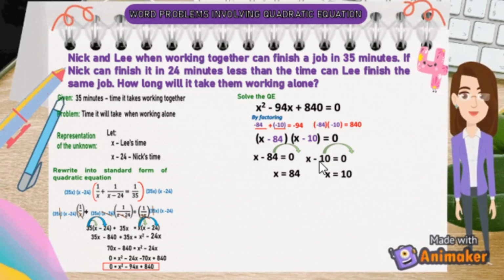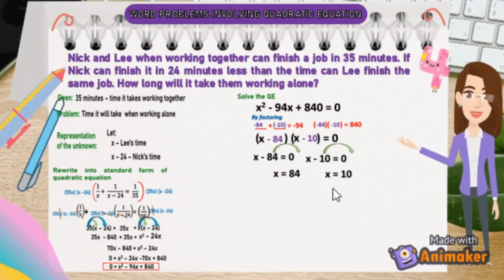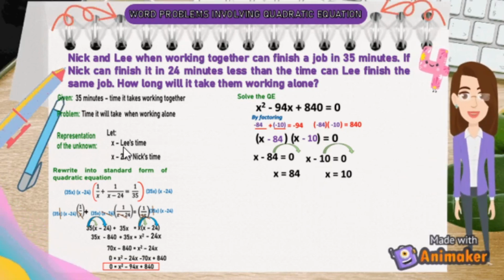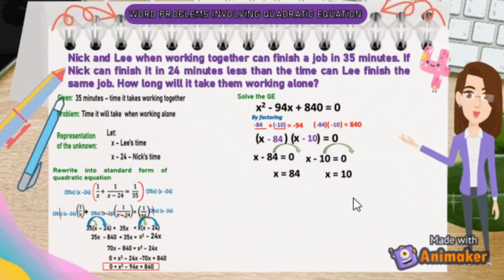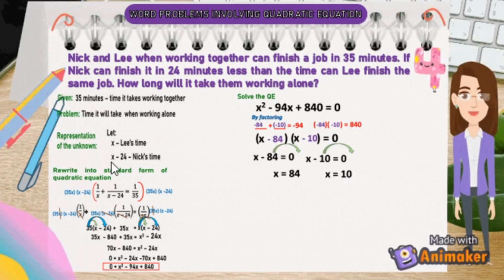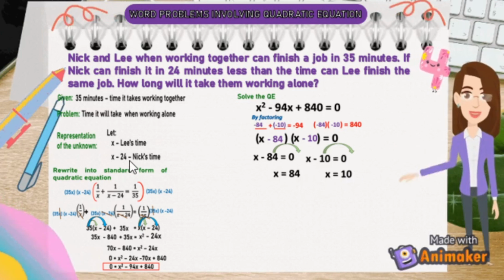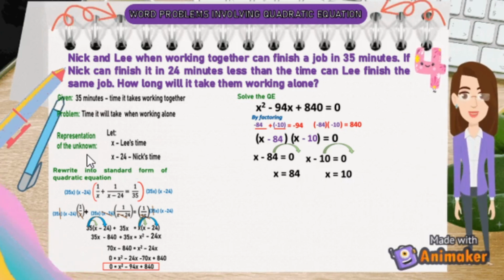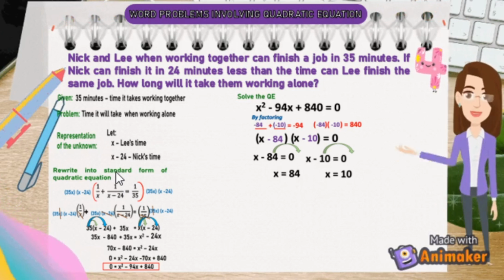Kung gagamitin natin yung 10 as least time, dahil nga ang sabi natin ang x ay yung time ni Lee, kapag sinubstitute natin yung 10 sa x minus 24 na time ni Nick, so magkakaroon tayo ng 10 minus 24. So, ibig sabihin, magkakaroon tayo ng negative 14.